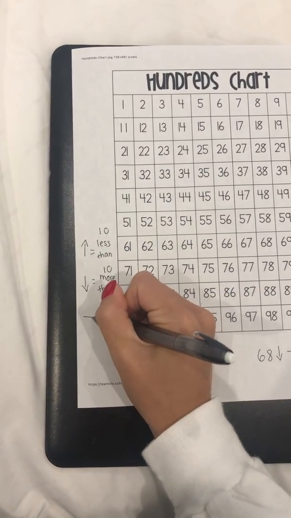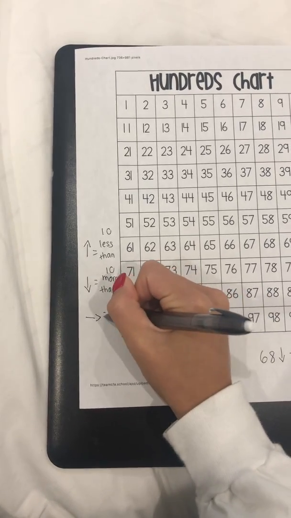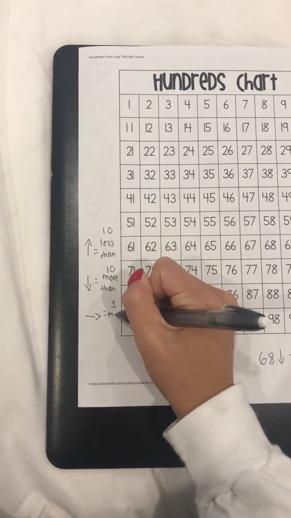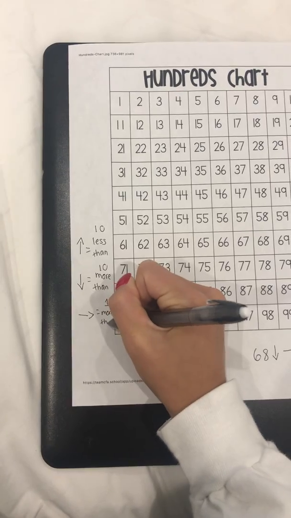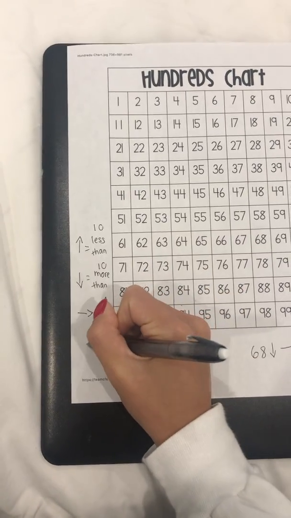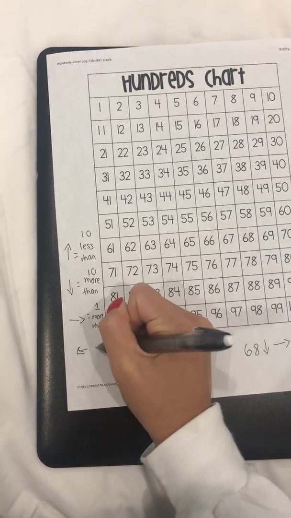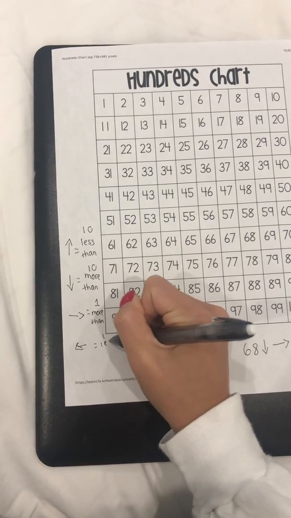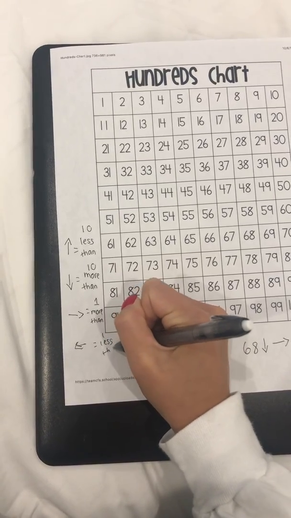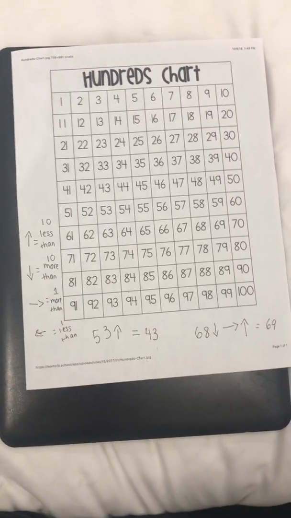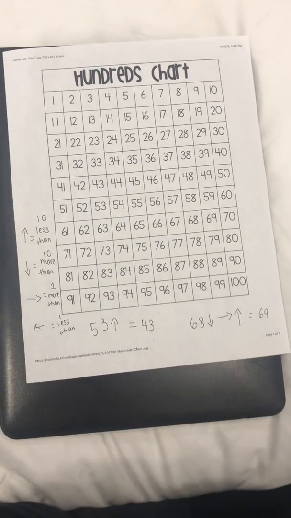If we have an arrow going to the right, that means one more than. And an arrow going to the left means one less than. Therefore, we can now solve problems using our hundredths chart.